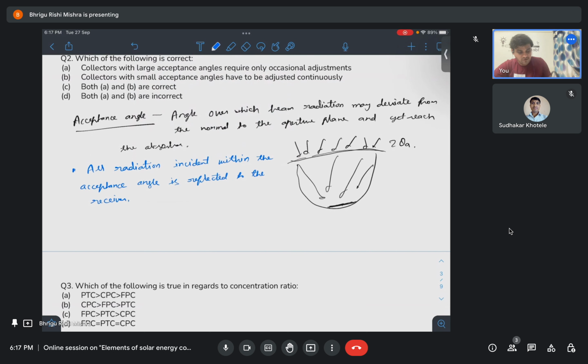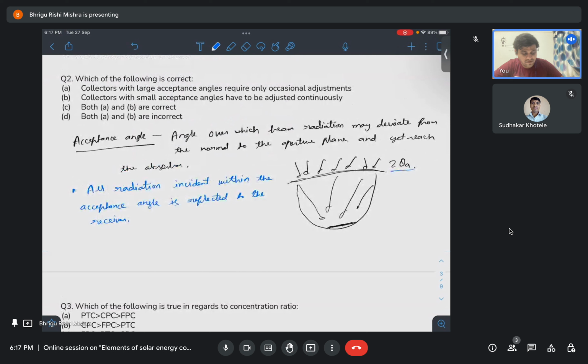Okay, so that means if the radiation hits the surface within this acceptance angle, you are gaining some heat from that radiation. Okay, so now the question is, collectors with large acceptance angles require only occasional adjustments.